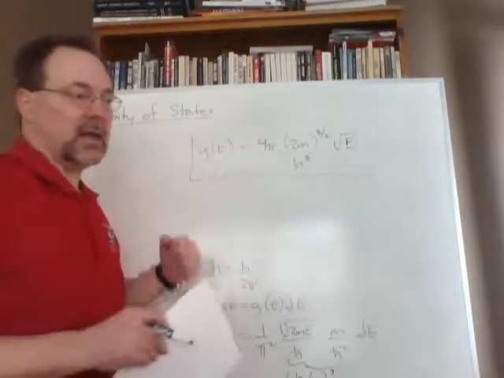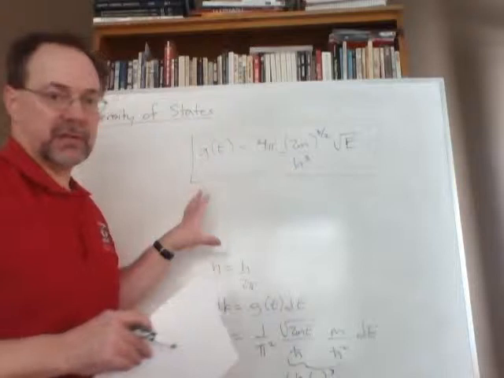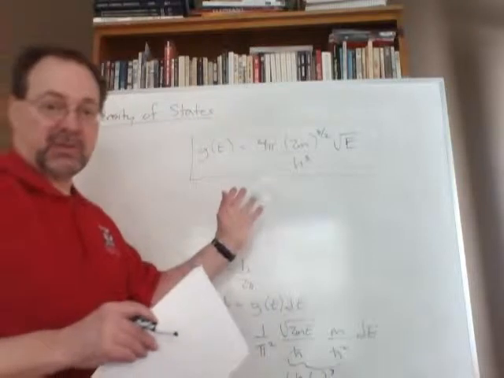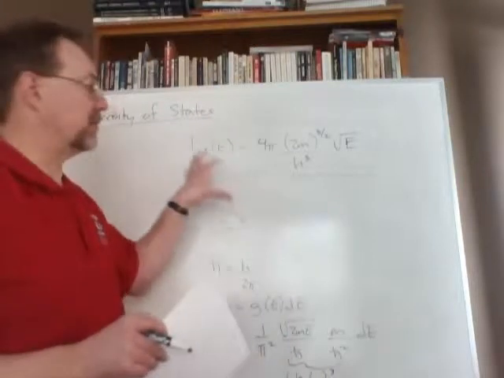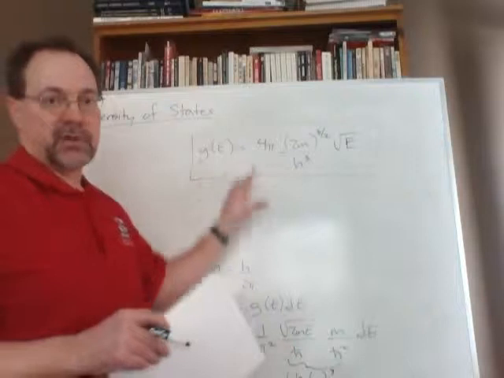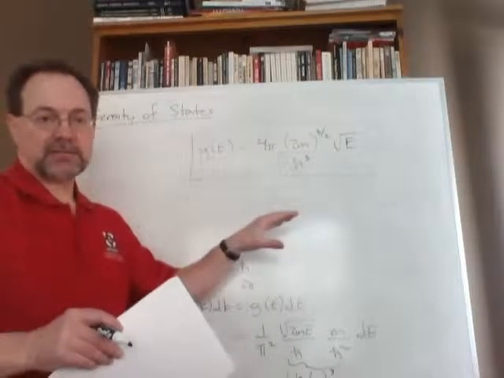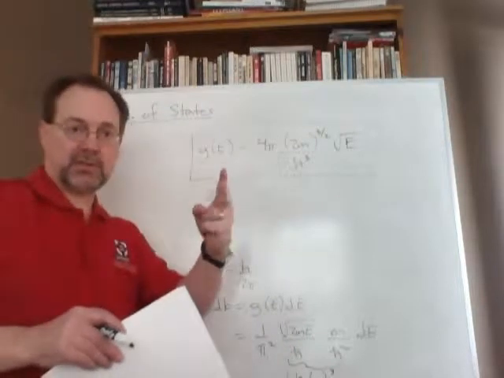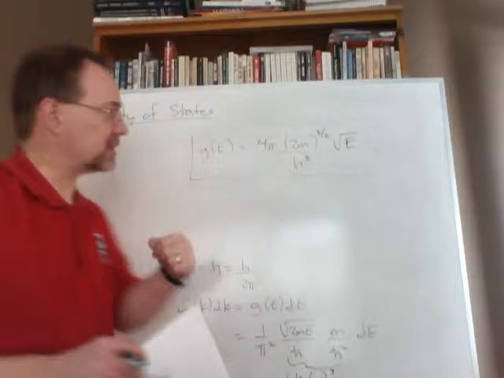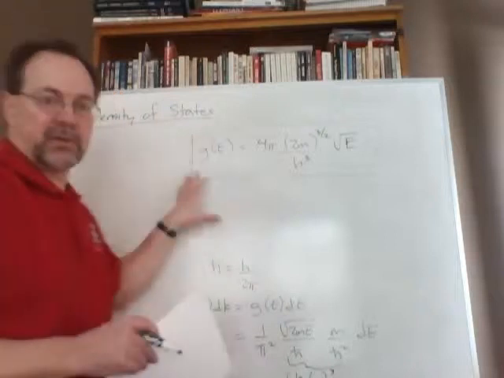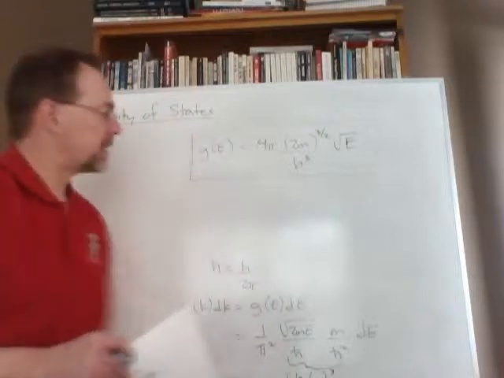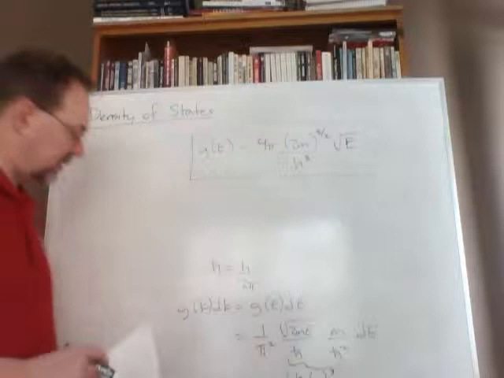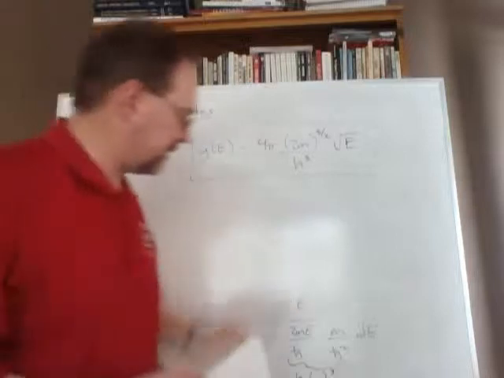And then we put those things together and divided by the volume in physical space to get the number of states per unit volume. We had to multiply times 2 for spin, 2 spin states. And then we converted from k to E. So here is our density of states function, g of E.